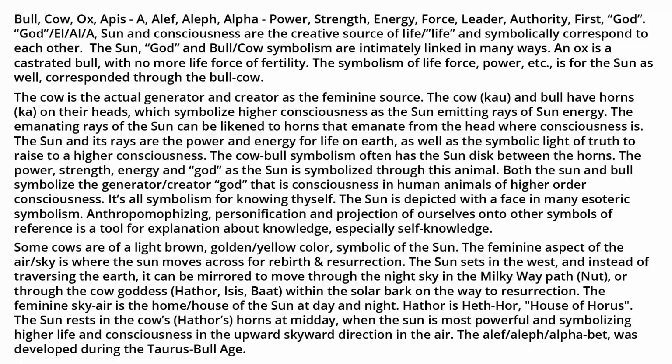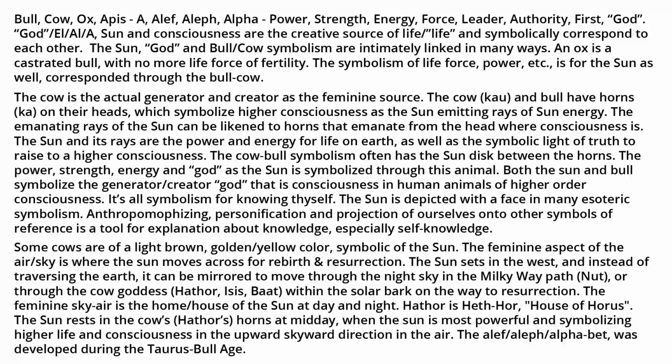It's about power, strength, force, leadership, authority, being first in your clan, in the tribe, being a god in your clan or your tribe. That's what the horn symbolism is for. It's relating to the sun and higher power of God, and God is the sun. The emanating rays of the sun can be likened to horns that emanate from the head where consciousness is.